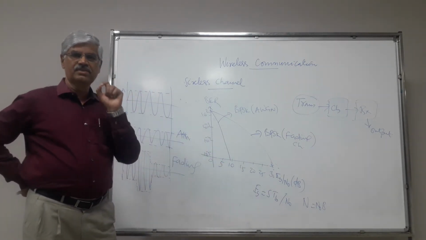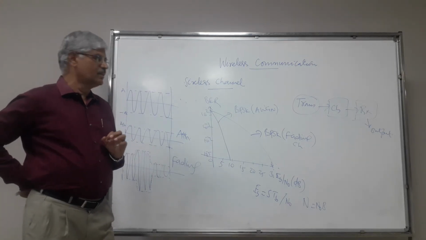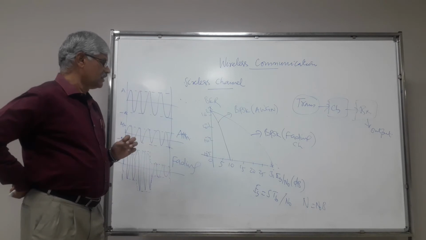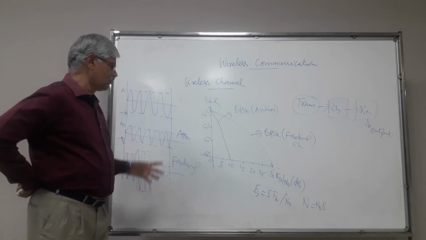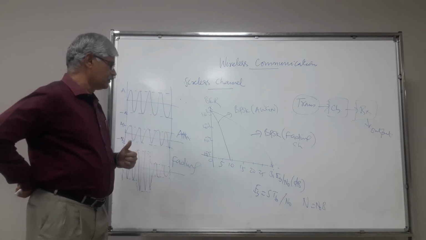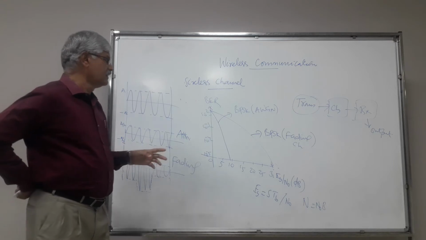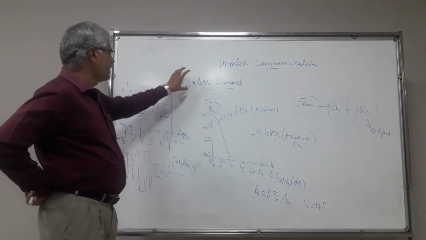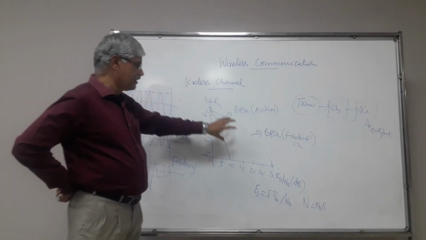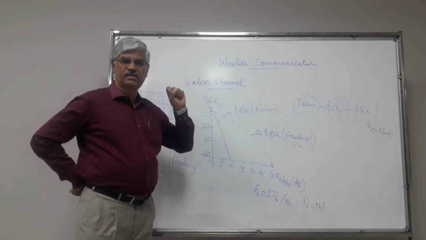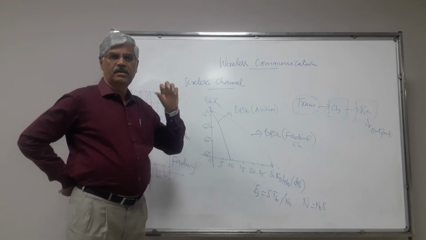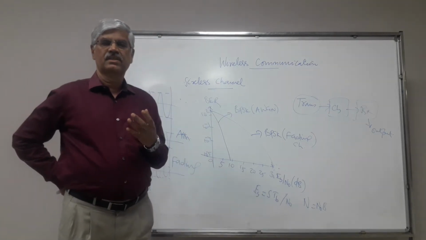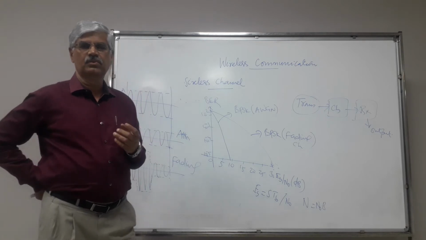But when you look at the instantaneous behavior of this channel, you will find that it's quite challenging to deal with. So this is how the wireless channel is going to affect the performance of the digital receiver, and we require a lot of complicated technologies to deal with it.